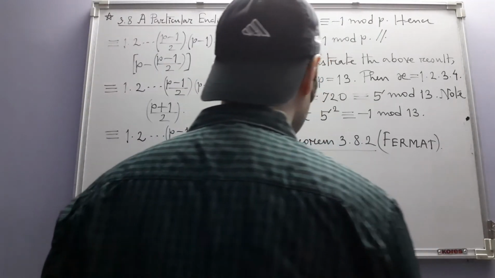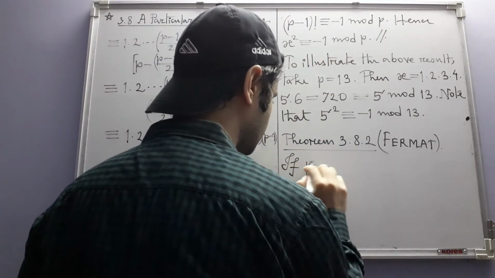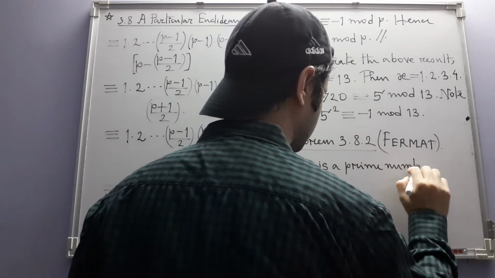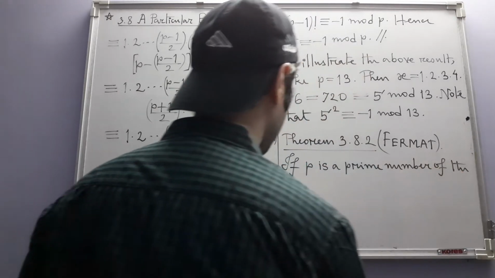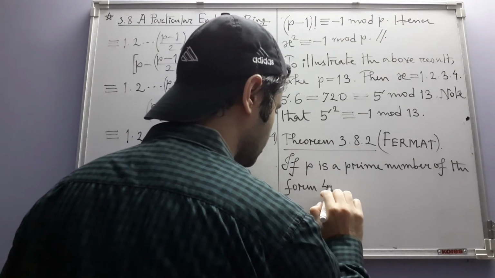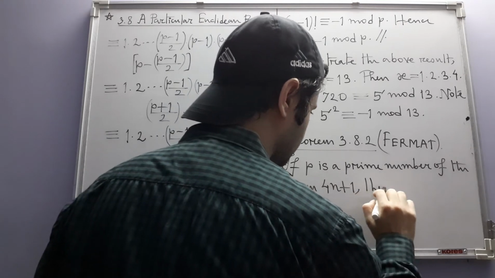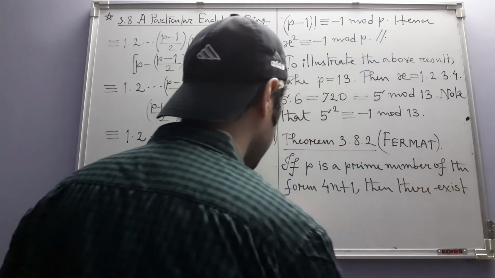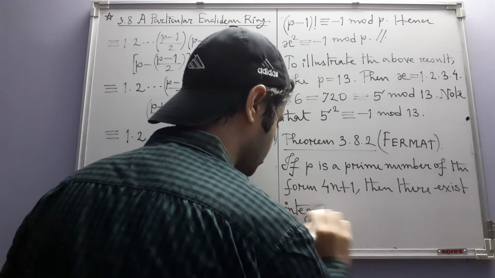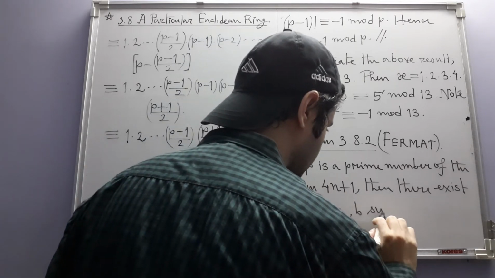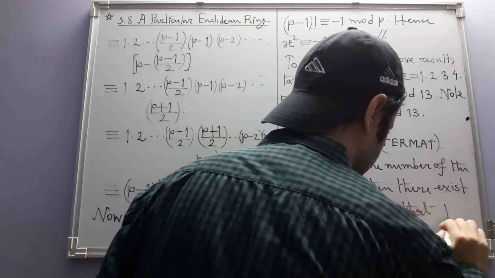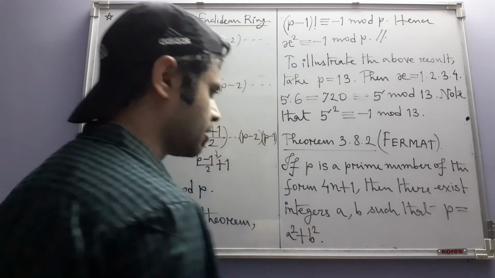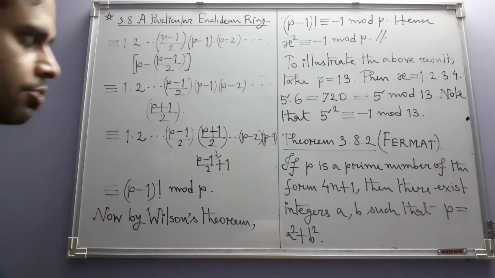And the result is just this: if p is a prime number of the form 4n plus 1, then there exist integers a and b such that p is equal to a square plus b square. This is the result, and we are now going to prove this.